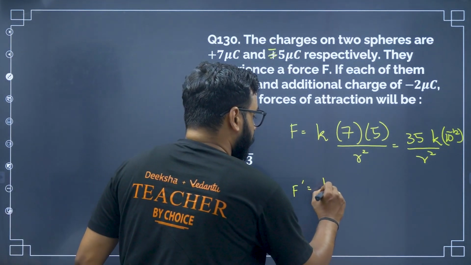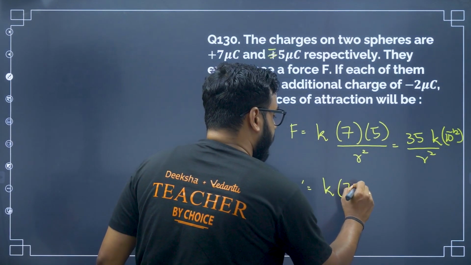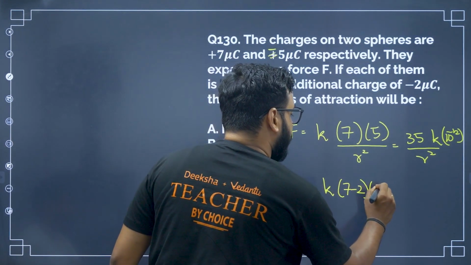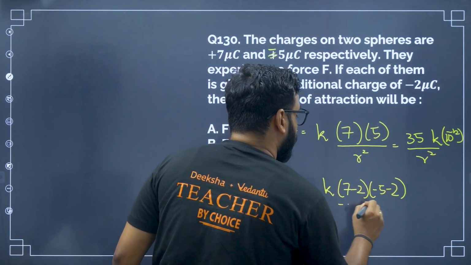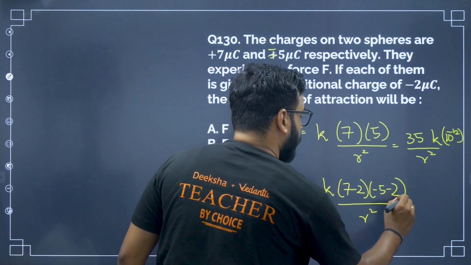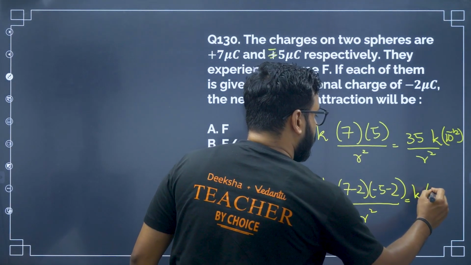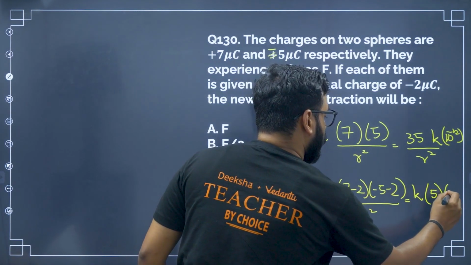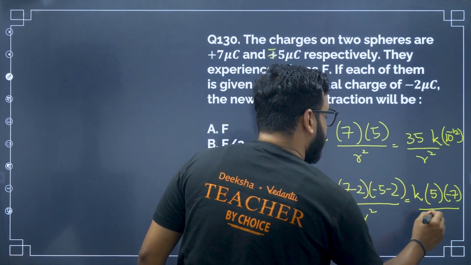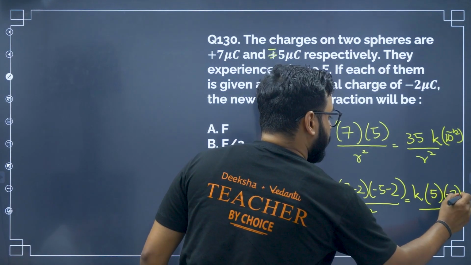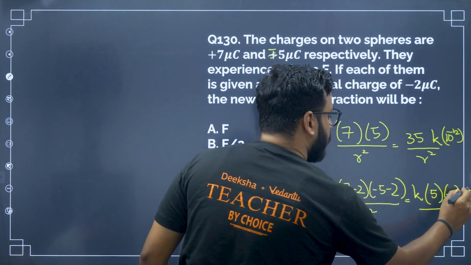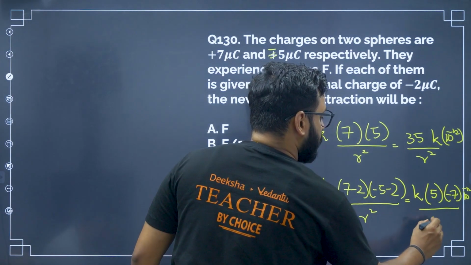It will be K into 7 minus 2 into -5 minus 2 divided by r square. In this case, K into this will be 5 into -7 into 10 to the power minus 12 whole divided by r square.